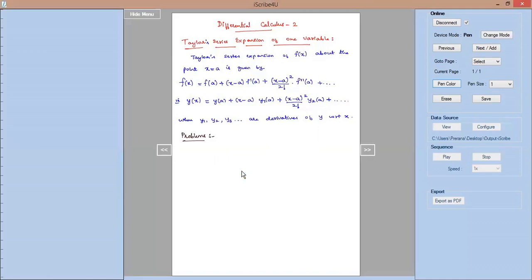Obtain the Taylor's expansion of log x to the base e about x is equal to 1 up to the terms containing fourth degree.